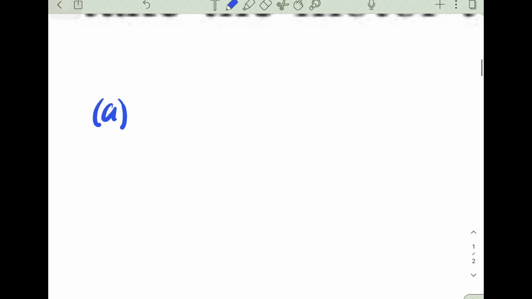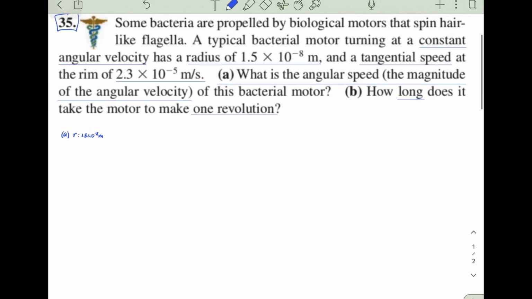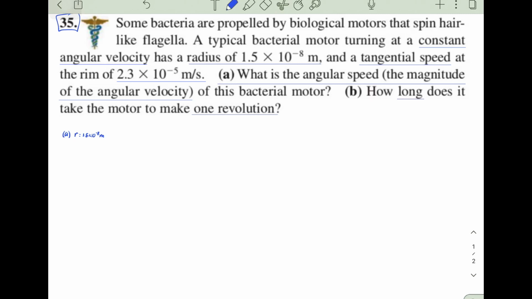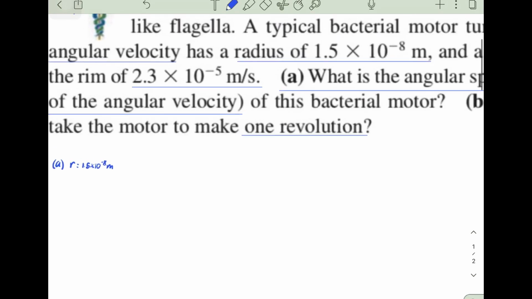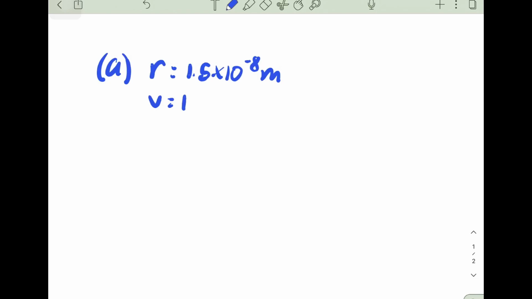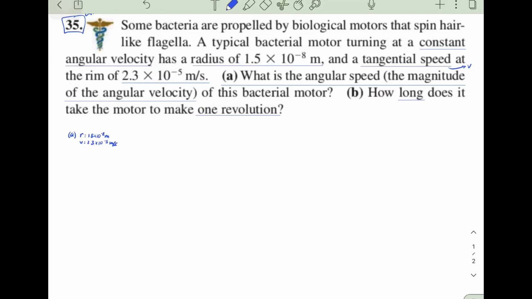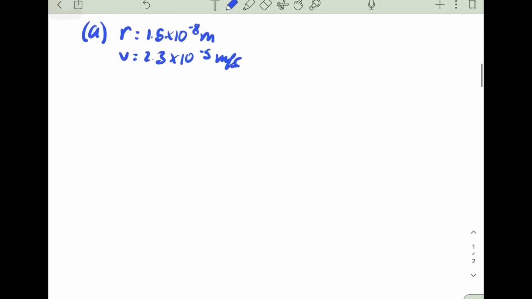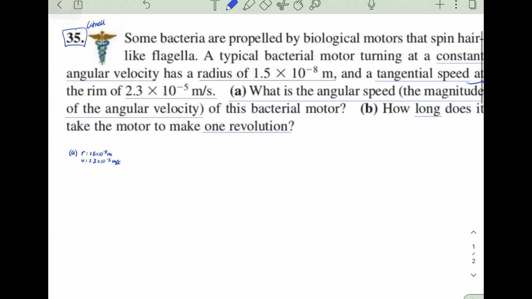Then it says a tangential speed at the rim, which is like your regular linear velocity, of 2.3 times 10 to the negative 5 meters per second. Don't forget your units. Now, for the first one, they're asking what is the angular speed?